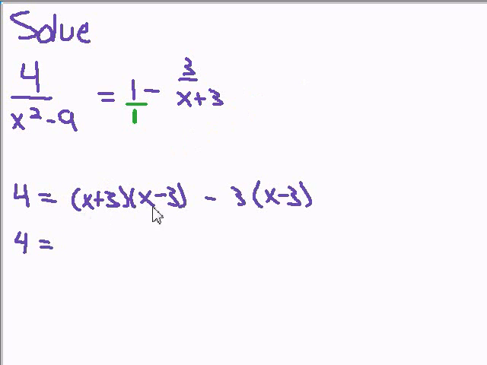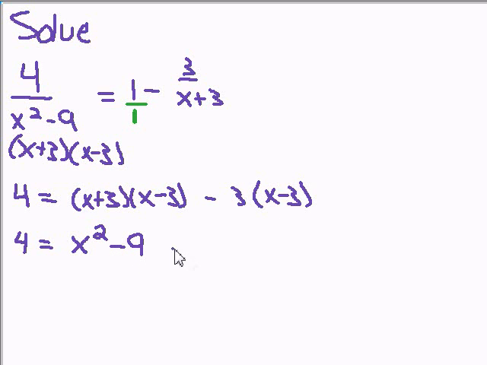Okay, I went ahead and reduced, and I'm on the simplifying step. And as we look at it, x plus 3, x minus 3. If you remember, when we factored x squared minus 9, hopefully you got x plus 3, x minus 3. Which means when we multiply x plus 3, x minus 3 back out, I can save myself some time just by going back to its unfactored form.